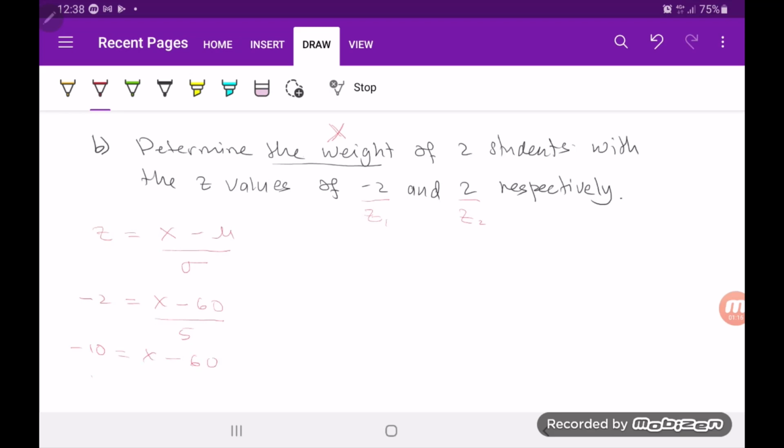You will get the value of x is equal to 50. Okay, the unit is kg. For student number 2, the value of z is 2, so x minus 60 over sigma, sigma is 5. Okay, cross multiply. You will get the value of x is equal to 70 kg.